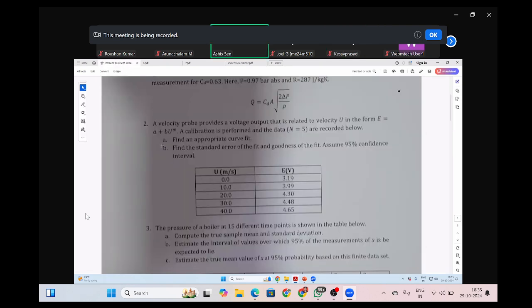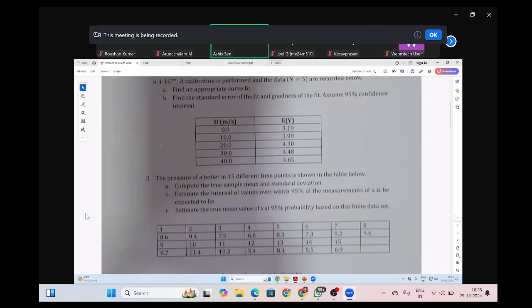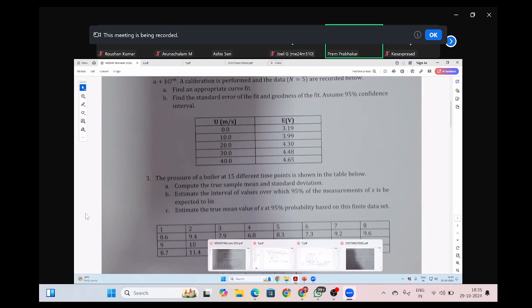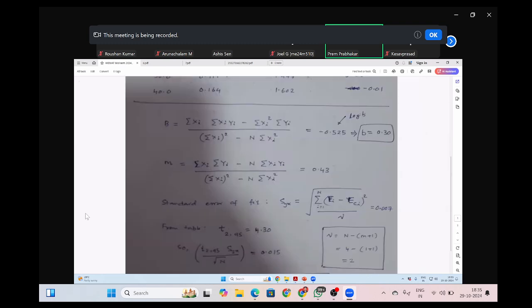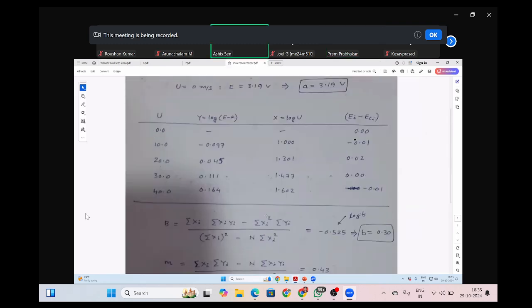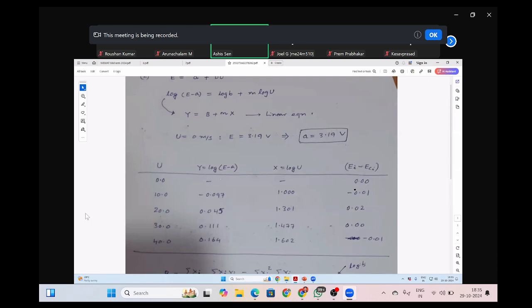Thank you, sir. Sir, one more question. The value of nu, how is it coming like 2, sir? Because 5 parameters are here, no, sir? 5 minus 2 will be... So, when we are doing this curve fitting, we do not have values of y and x. Even if we have a value of u equal to 0, it is becoming log 0.